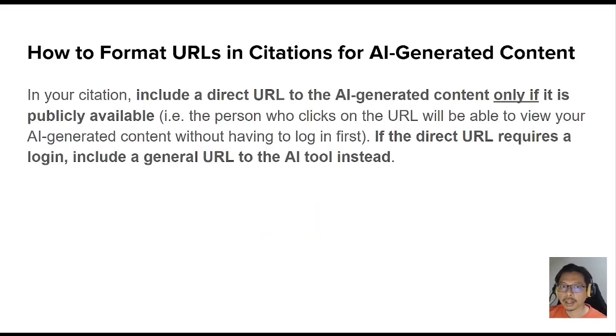Now, in terms of citations, what if you are using AI-generated content for anything, and you want to cite it in your papers, in your work, in your lab reports, for example?